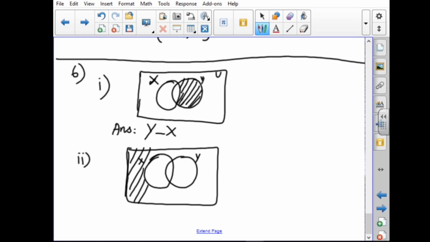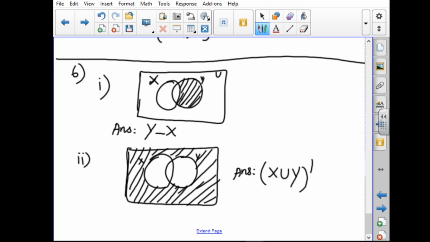This unshaded region is the X union Y. So except X union Y means what? The answer is X union Y whole dash. Except means we can use the complement symbol, so the answer is (X union Y)'.